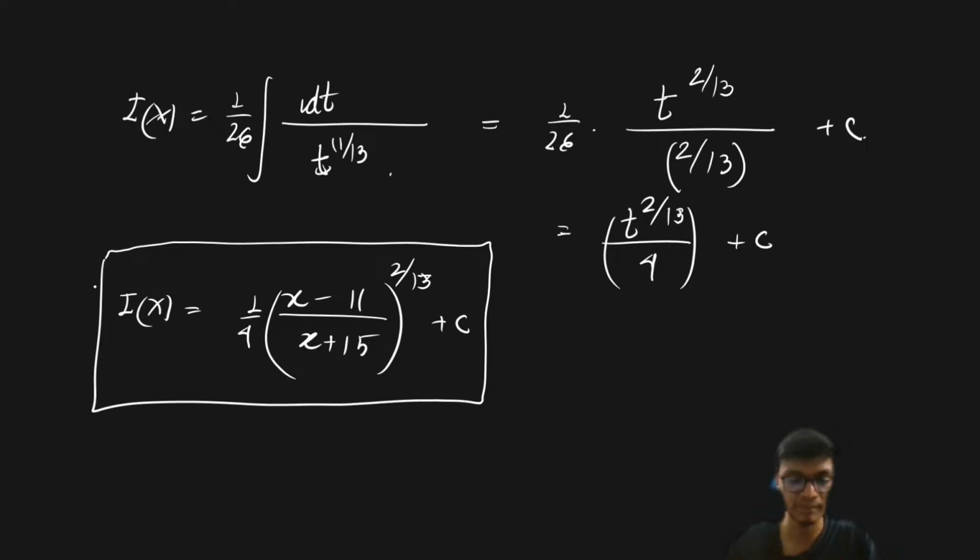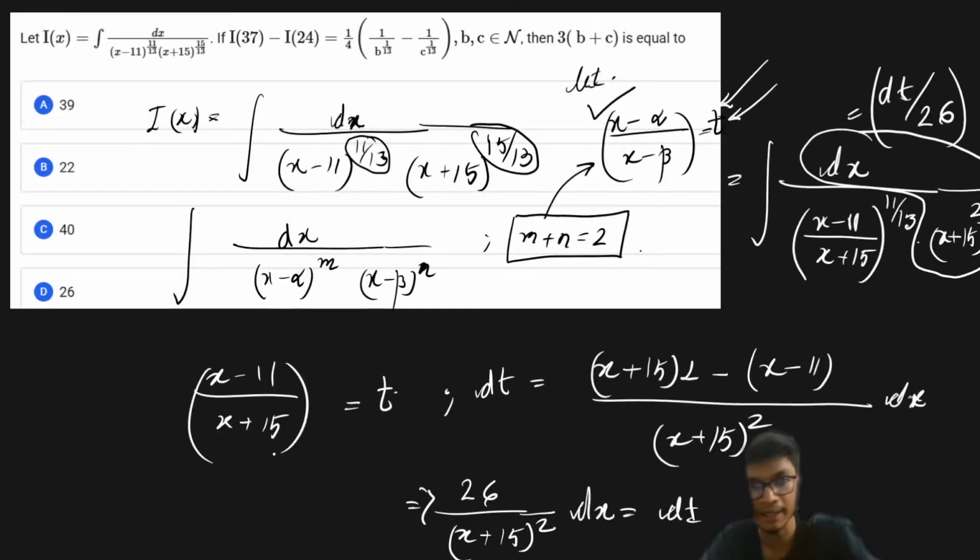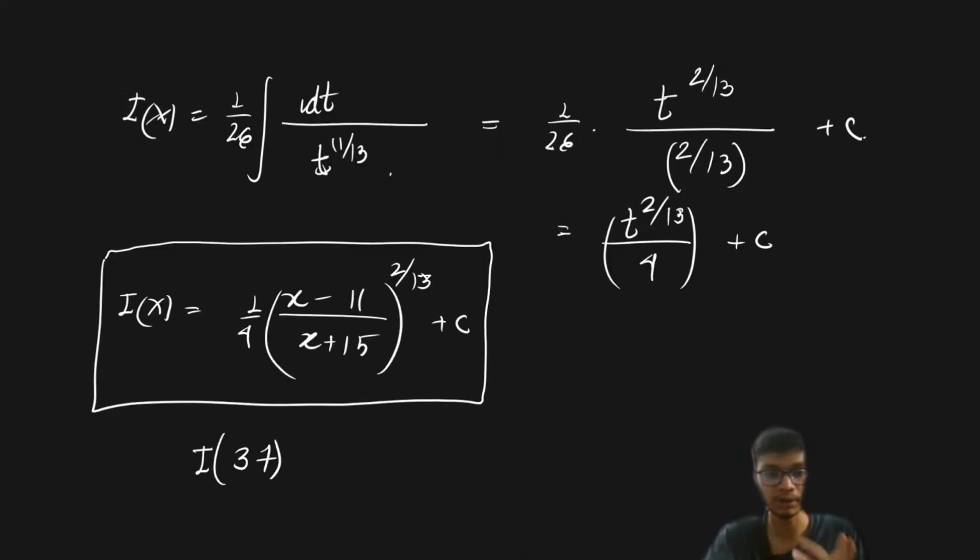Now once we get I of x, our only work is to put in the values of I37 minus I24, equate this expression as mentioned, and from there we will get the values of a, b and c, where b and c are both natural numbers.